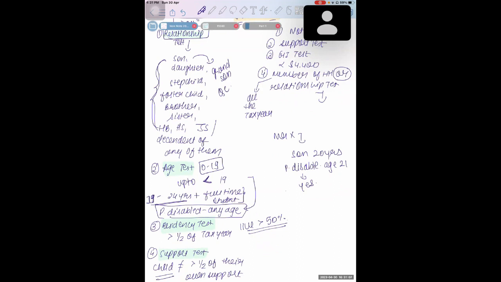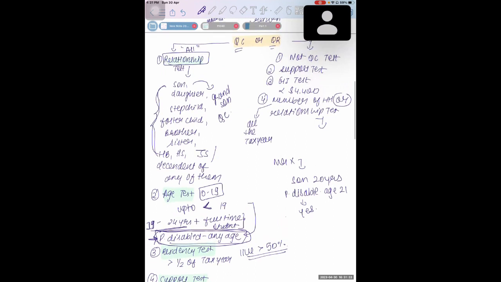After 19 he cannot claim, right? Yeah, after 19 he cannot claim, but now since he has become permanently disabled, he can fall under the criteria of the exception. In the year of disability, from that year, Mr. X can claim his son as a dependent.